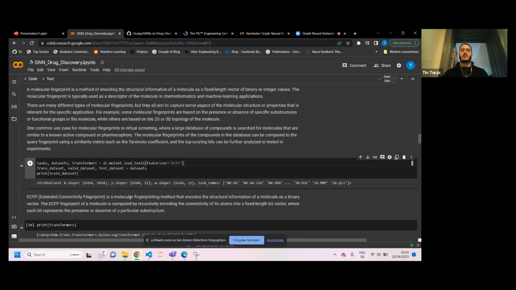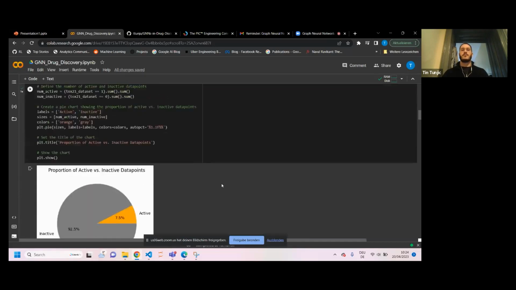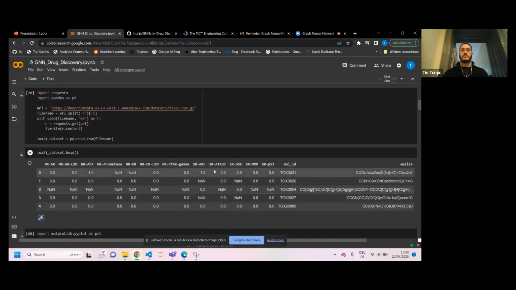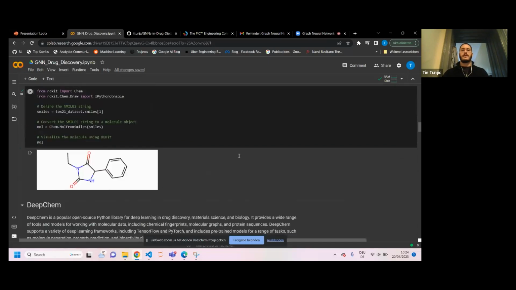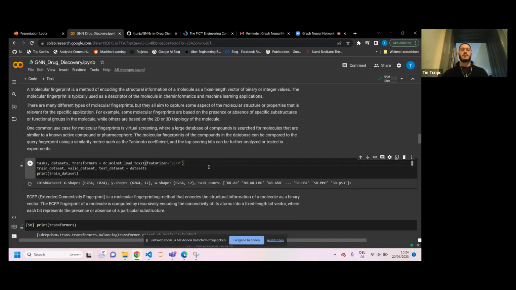That's an extended connectivity fingerprint. So this is basically what I was talking about. This is the molecular fingerprints that we're going to use. So we featurize the data that we have. That's the data that you've seen in the CSV file, right? And then you obtain the featurized versions.